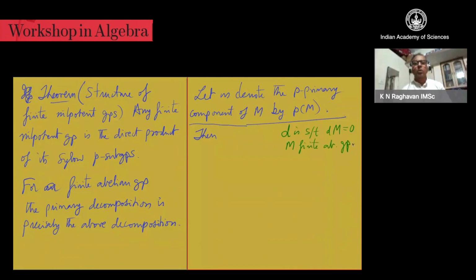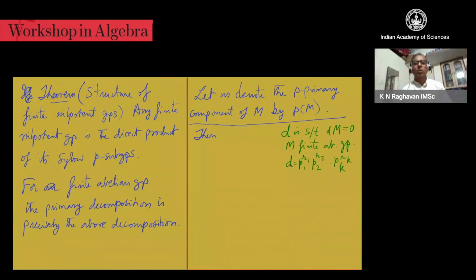And you have D equal to P1 to the R1, P2 to the R2, up to Pk to the Rk. That's your decomposition of D into a product of primes.